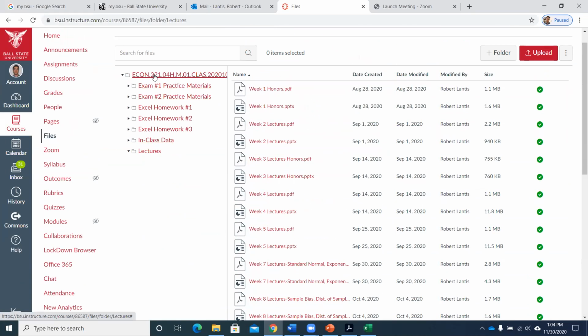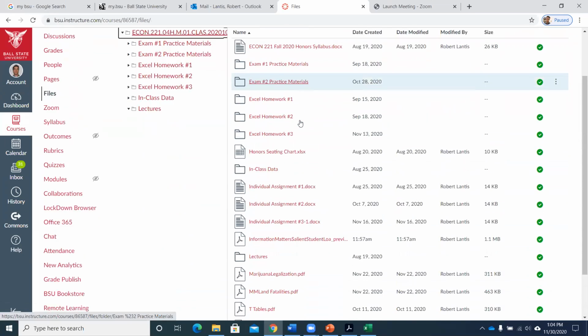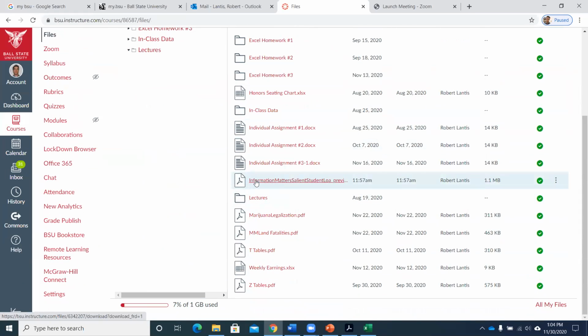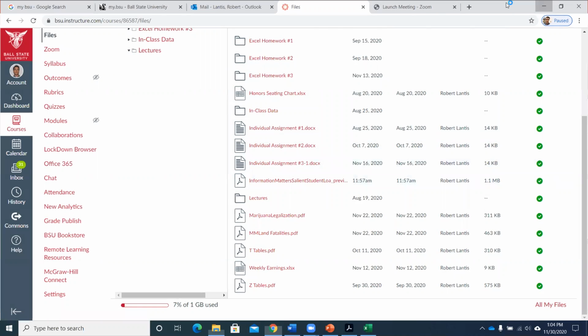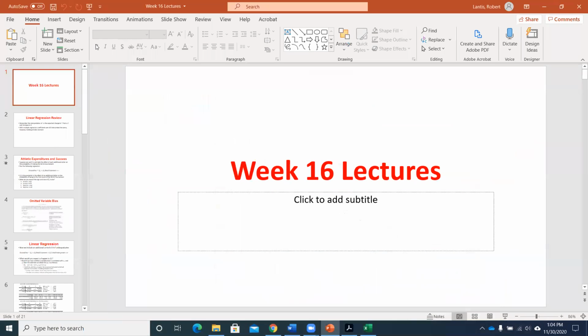And then the other thing that we'll be using today, I put up this PDF of a paper. Like we went over that medical marijuana one last week, we're going to look at one titled Information Matters.